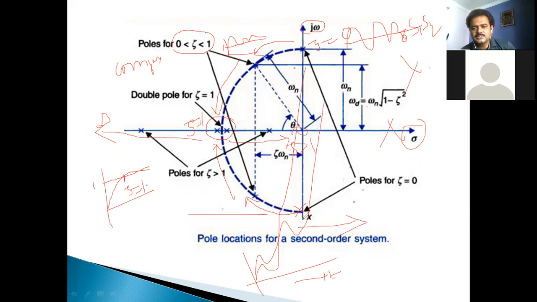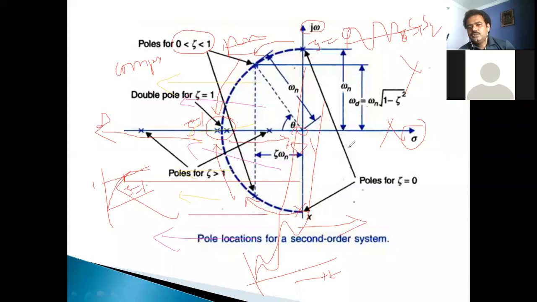For a stable system, the roots must lie on the left half of the S-plane. If any root is on the right half, the system is said to be unstable.